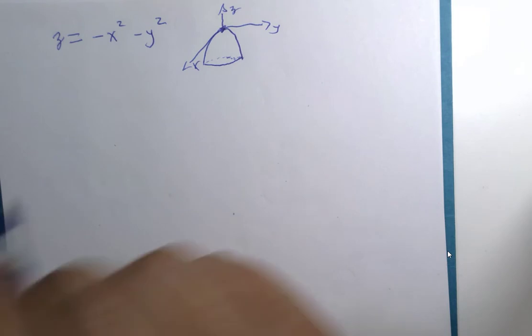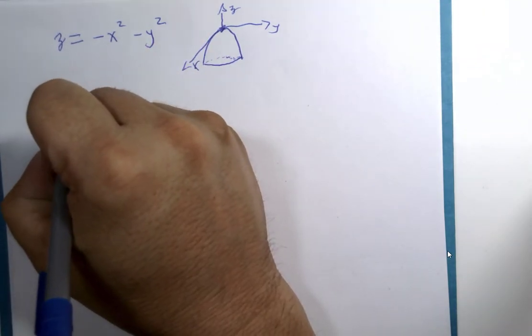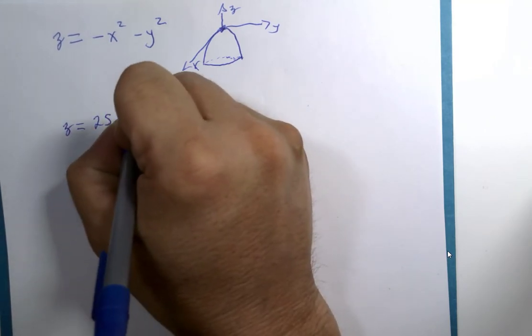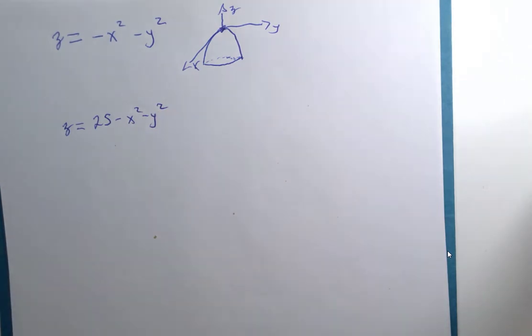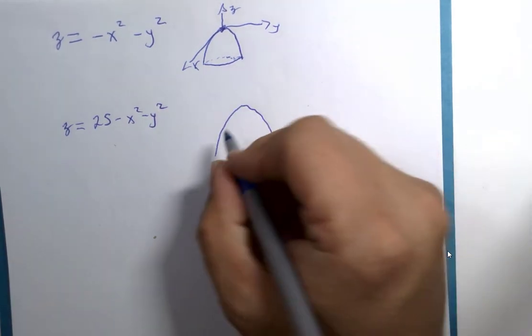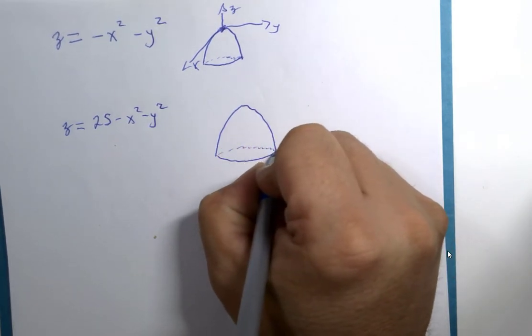A more interesting model might be something like z equals 25 minus x squared minus y squared. Now that's more interesting. I'll close that arc again, opens down. You can decide whether you want that there or not.